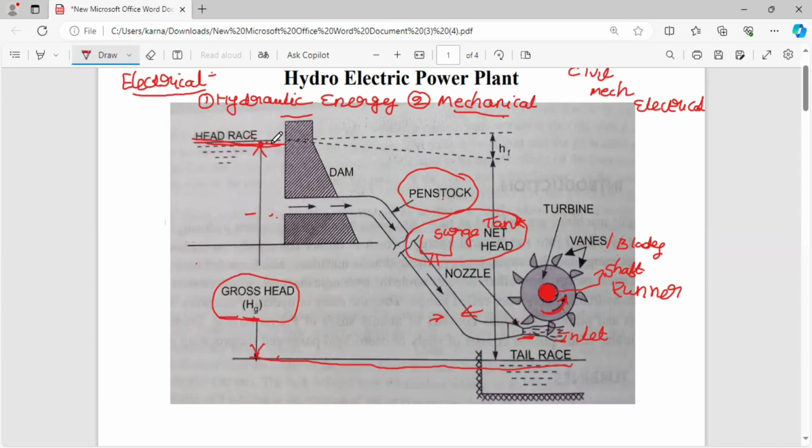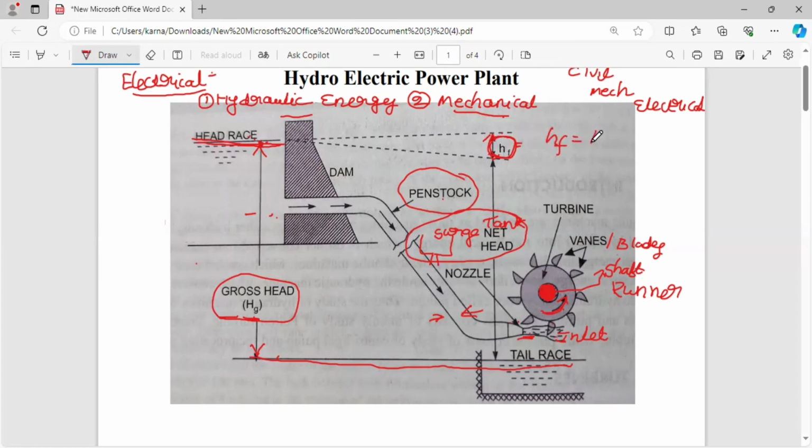Now, some amount of head will be lost at the inlet of the turbine. It is impossible for the total water from the reservoir to pass to the inlet of the turbine, so some amount of head is lost due to friction. That is called the loss of head due to friction. Hf is the loss of head due to friction.